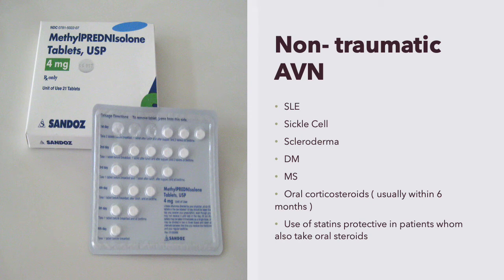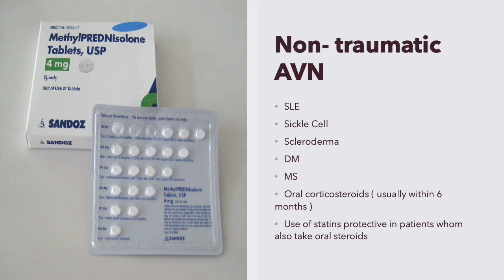Lupus, sickle cell, scleroderma, diabetes, MS, these are all medical comorbidities that seem to predispose patients to AVN. However, the most common pathway by which patients develop non-traumatic avascular necrosis is through the consumption of oral corticosteroids.